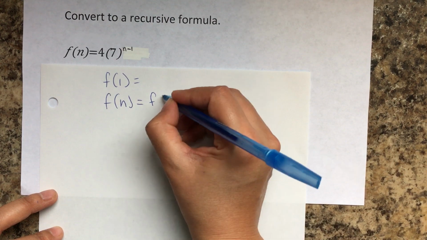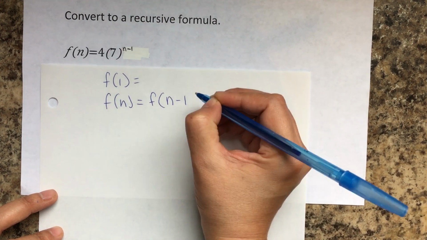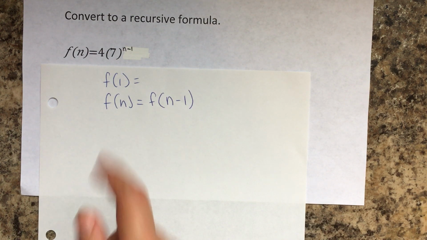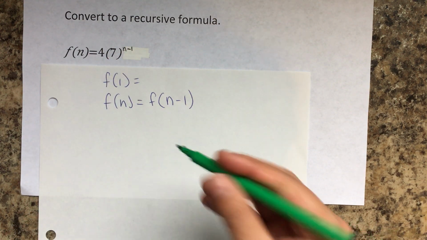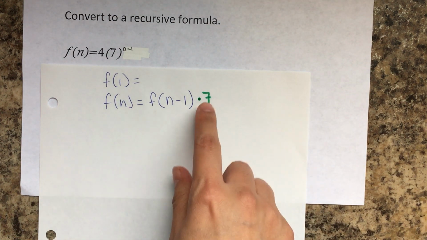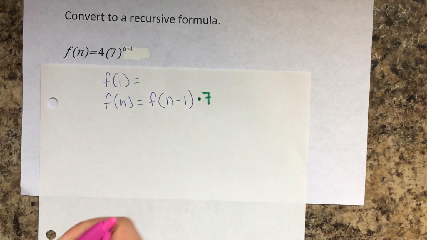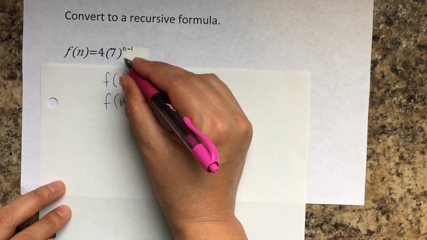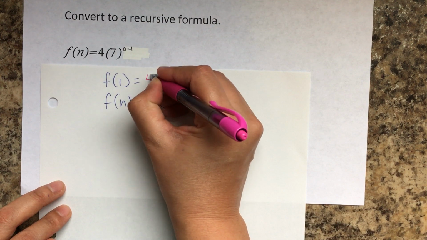And this one will always have f of n minus 1. And the pattern will always be with the n minus 1. So you're multiplying by 7. Again, because it's multiplication, you can put it as a coefficient. I'm not going to do it for this one, but it can be here or here. And your initial point is 4.